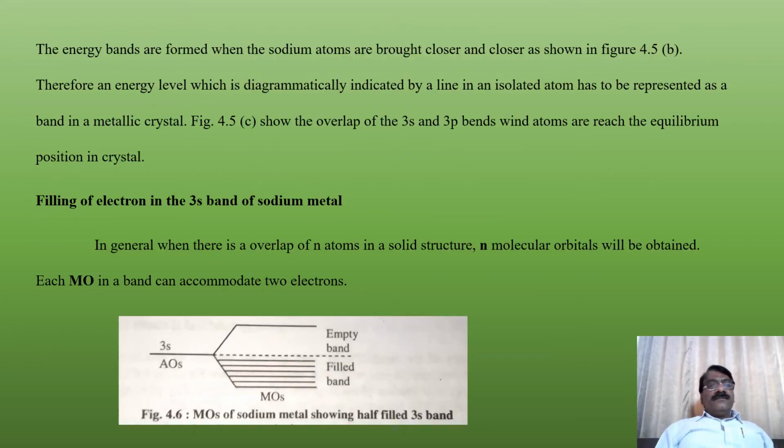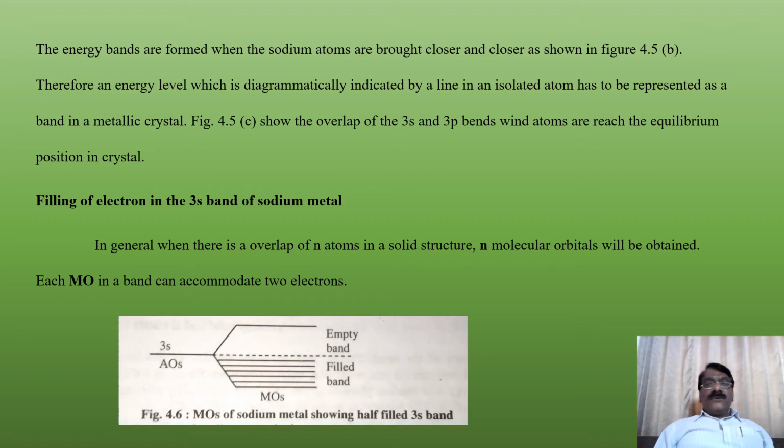The energy bands are formed when the sodium atoms are brought closer and closer as shown in the figure. Therefore, an energy level which is diagrammatically indicated by a line in an isolated atom has to be represented as a band in a metallic crystal.